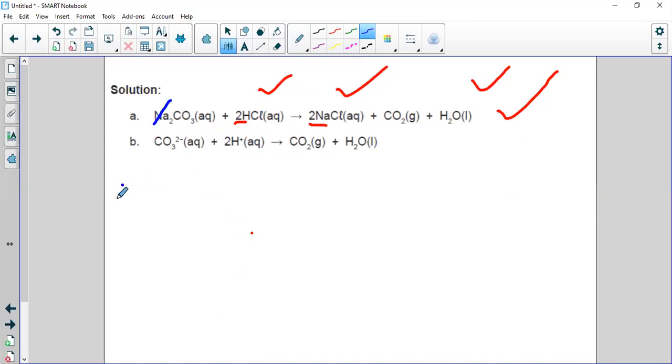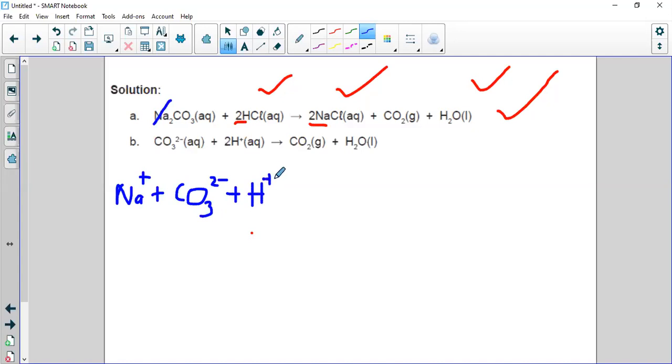Basically what you're doing, you're writing Na plus, then you've got your CO3 2 minus, I'm just splitting the ions there, plus your H plus.